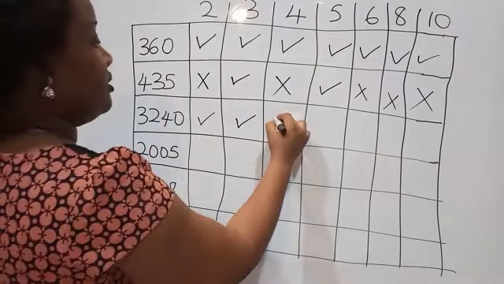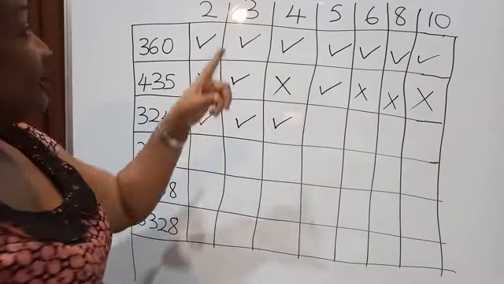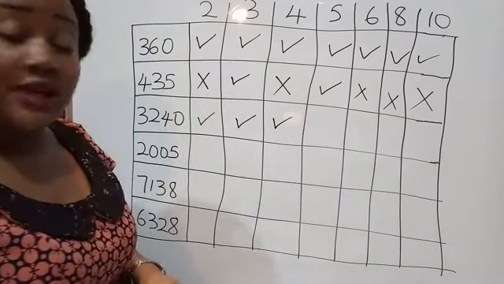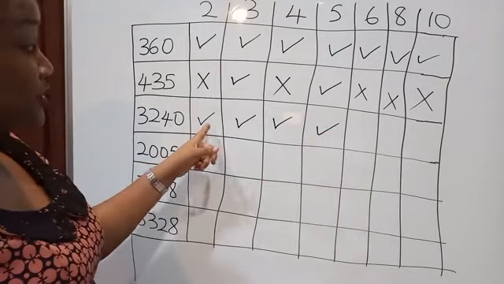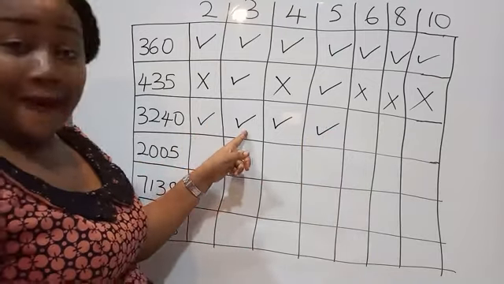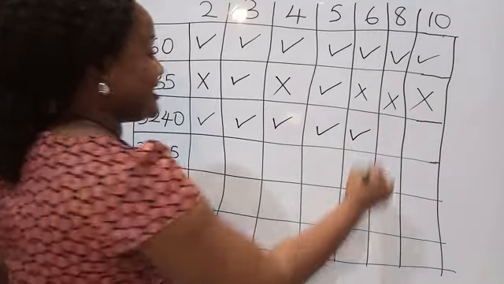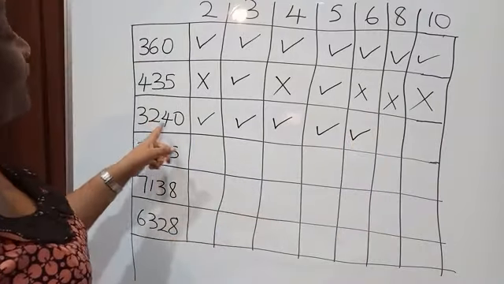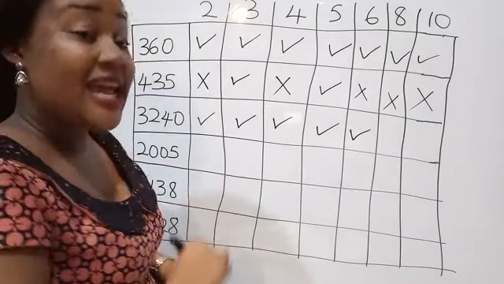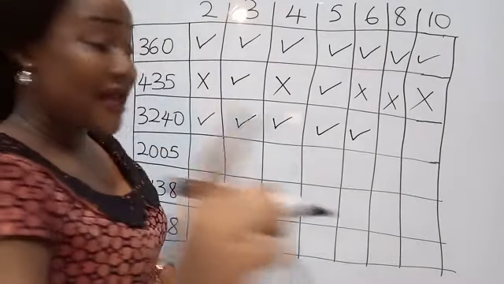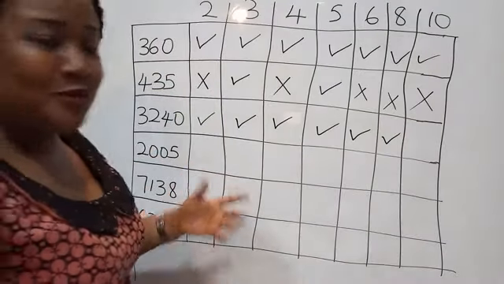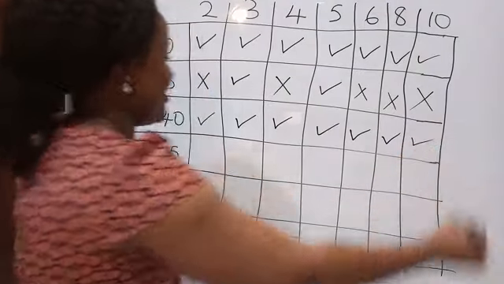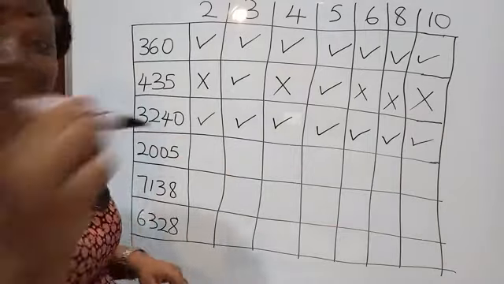So take 5, yes, should go because it ended with 0. Take 6, should go because 2 passed and 3 passed, so 6 has to pass. 8, let's see, 240 is definitely divisible by 8. And of course, it's a no-brainer, 10. Woo! And so 3,240 got everything.